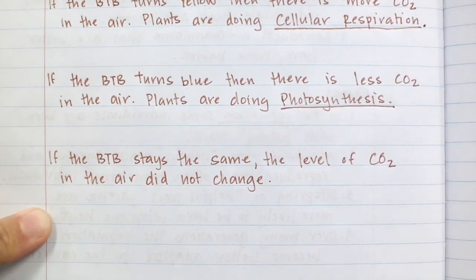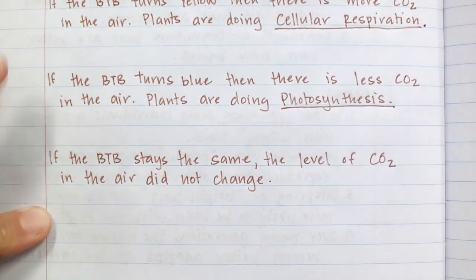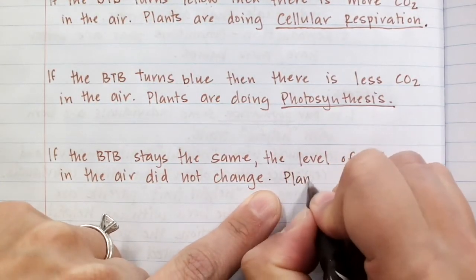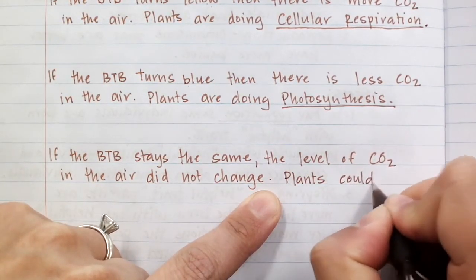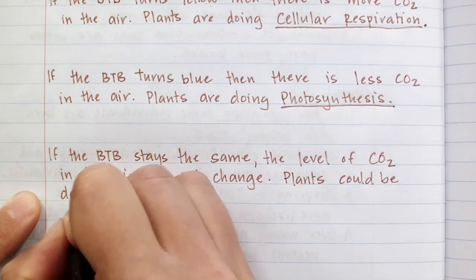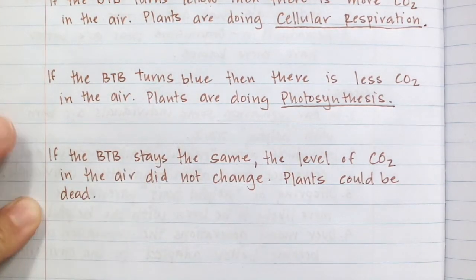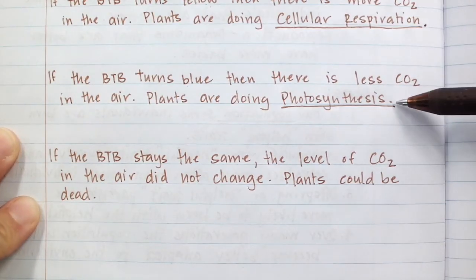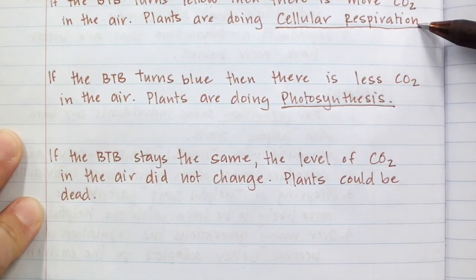If the level of carbon dioxide in the air doesn't change, then there are two possible explanations. One, plants could be dead. Or, what if they're doing the same amount of photosynthesis as cellular respiration?